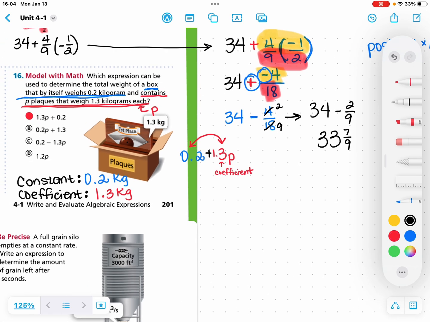So I'm going to even add that because that is a vocabulary word that we've used in the past. Commutative, which states that you are allowed to switch when you're looking at addition and multiplication.